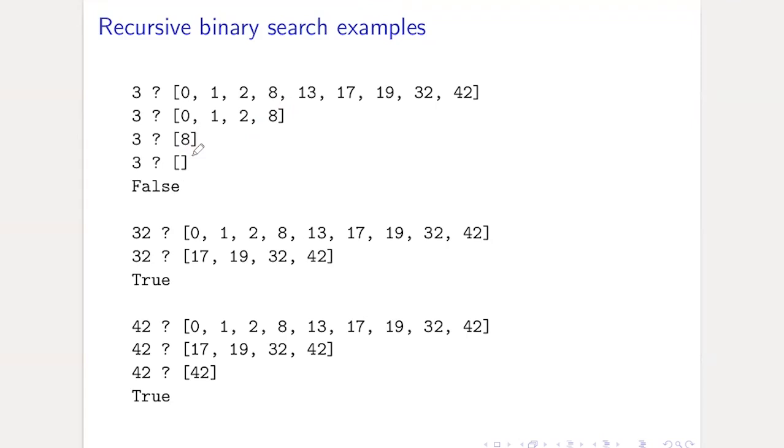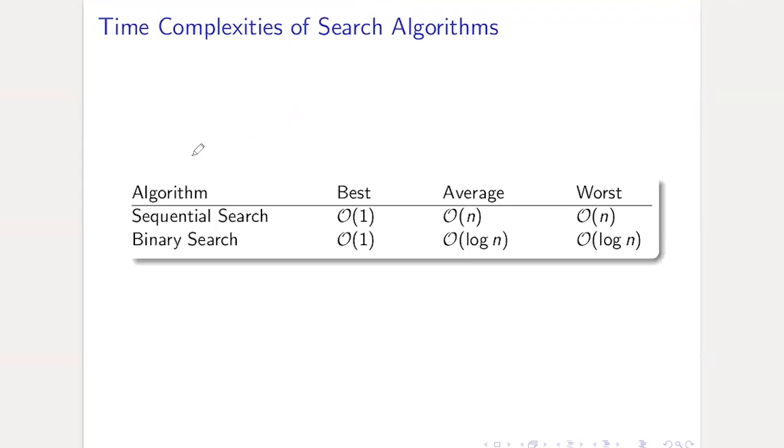The other two are when you have the item present. So here's the performance which we are giving in the time complexity measure. Mind you, we use what is called the big O notation.